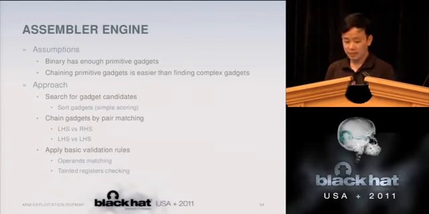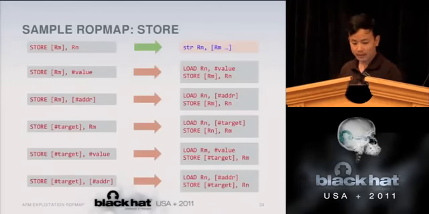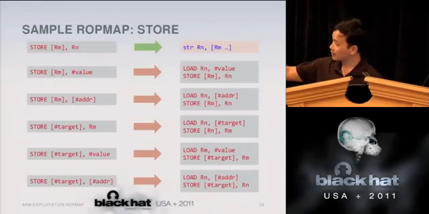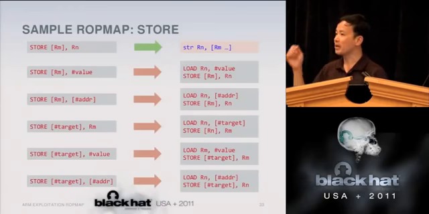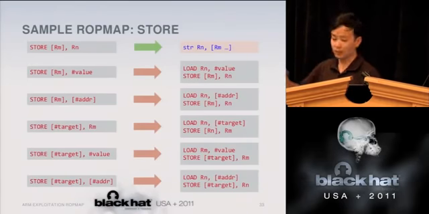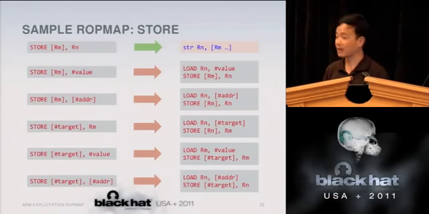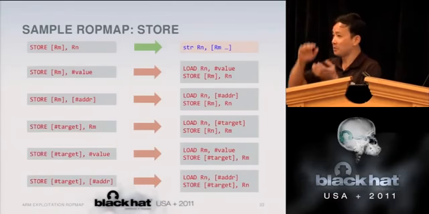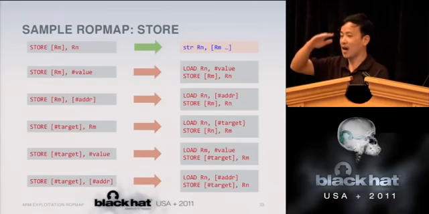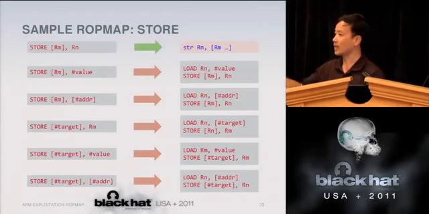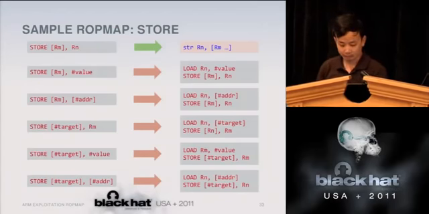If you go back to the previous slide, it would be very difficult to find a gadget that does an instruction like the last one. You would have to find a gadget with 5 or 6 instructions to do exactly what we saw here.